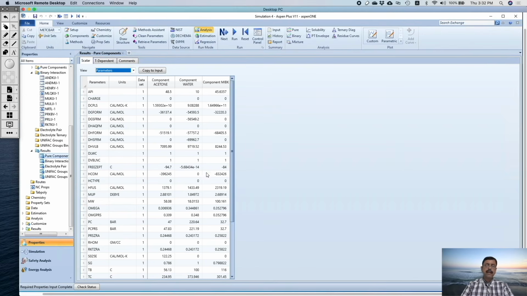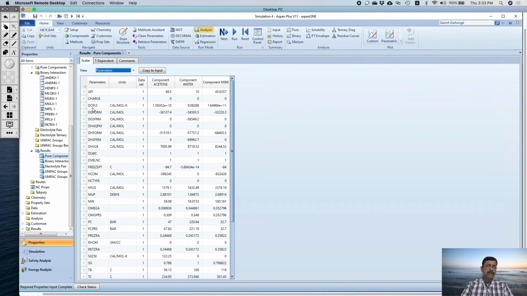So this is actually the calculated or computed based on the correlations. They have found the freezing point of water is nearly 0. And that is right actually. Freezing point of acetone is minus 94.7. Similarly, you will have other parameters also when they are pure.